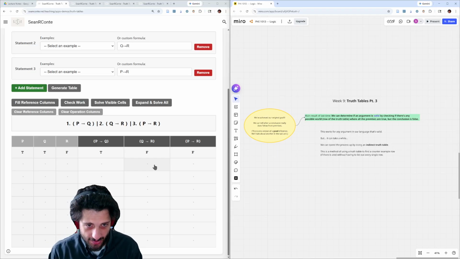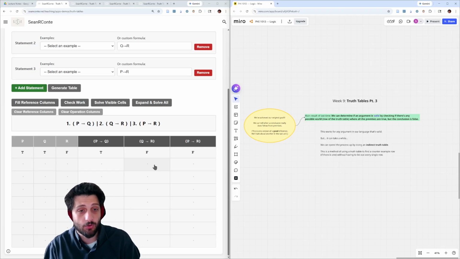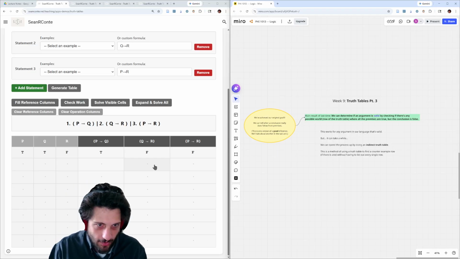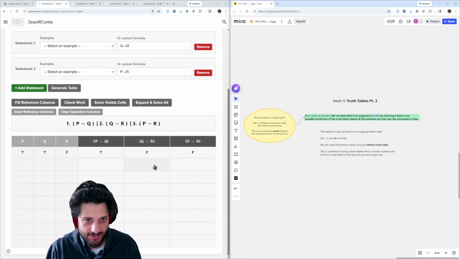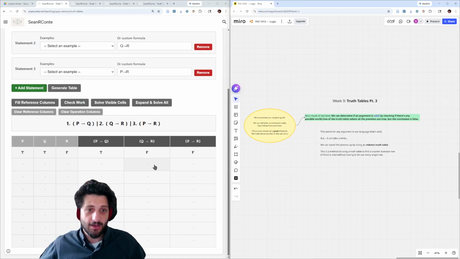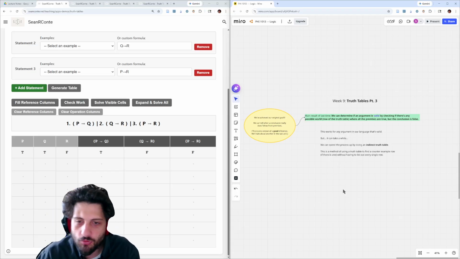So we try to make that invalidating row happen, and if we can make it happen, then we say, oh great, this is an invalid argument. I confirmed my hypothesis. On the other hand, if we try to work backwards and determine what would have to happen to make sure our hypothesis is satisfied and we run into trouble, then this is a valid argument. Our hypothesis that we could challenge it failed. It was strong enough to stand up against our test, against our challenge, against our hypothesis that it would fail.